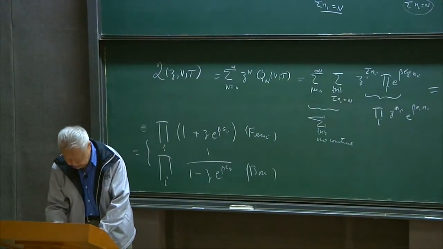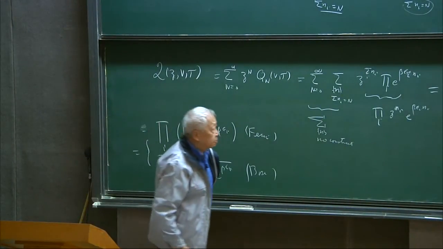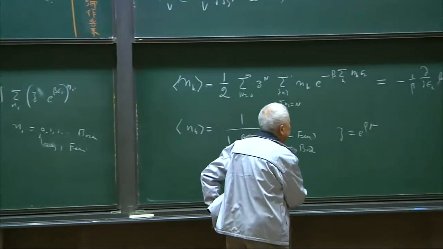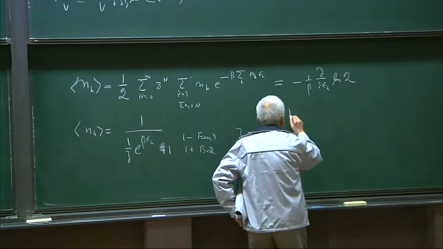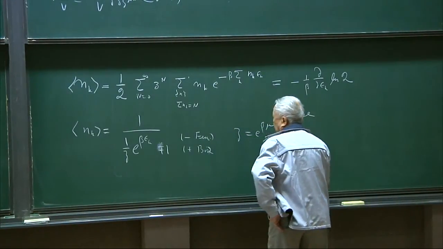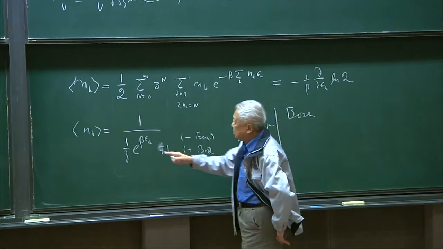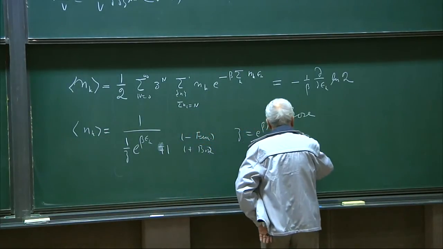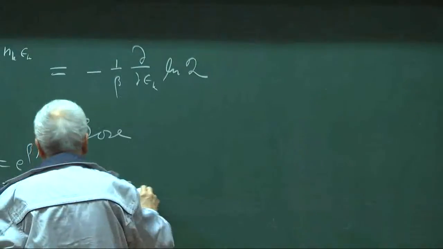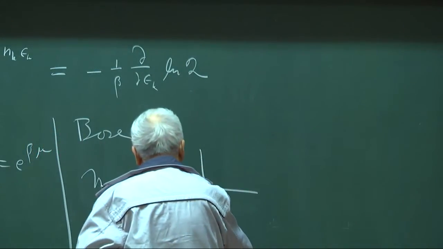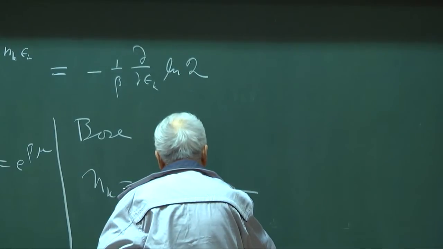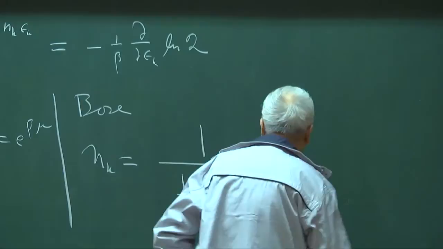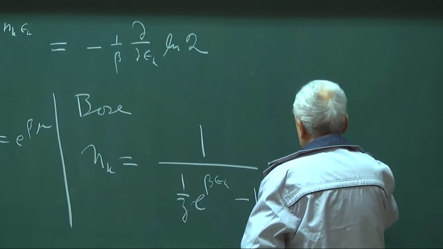And you will note that for the Bose case, from now on sometimes I'll just write n_k without the brackets, n_k is equal to 1 over z inverse e to the beta epsilon_k minus 1. Because of this minus sign here, z must be less than 1.